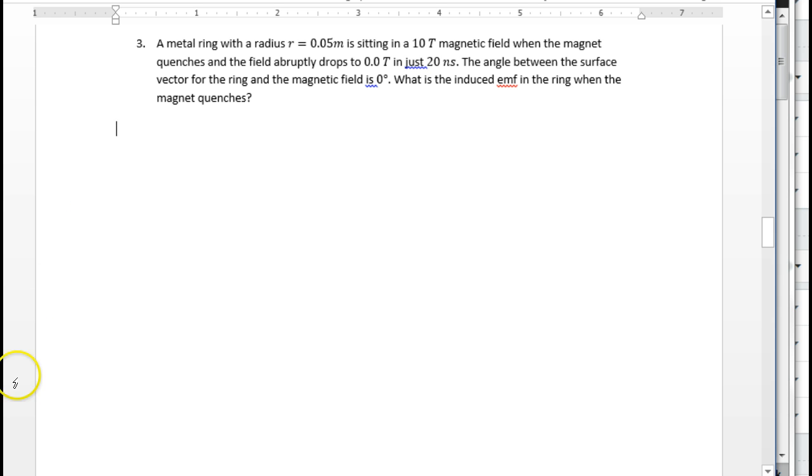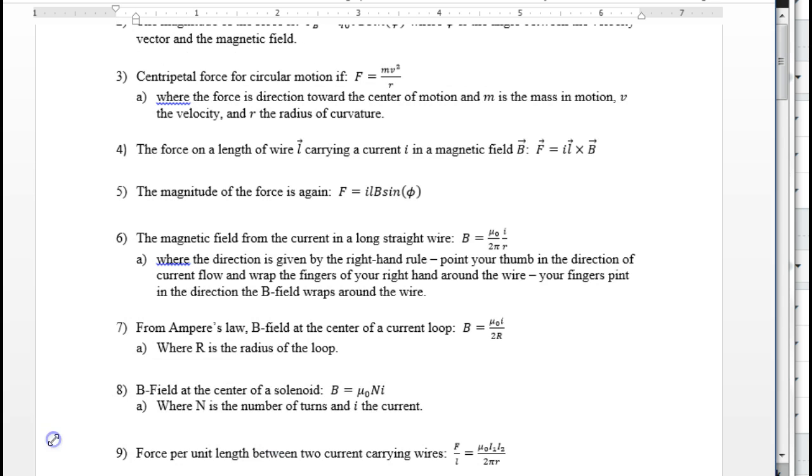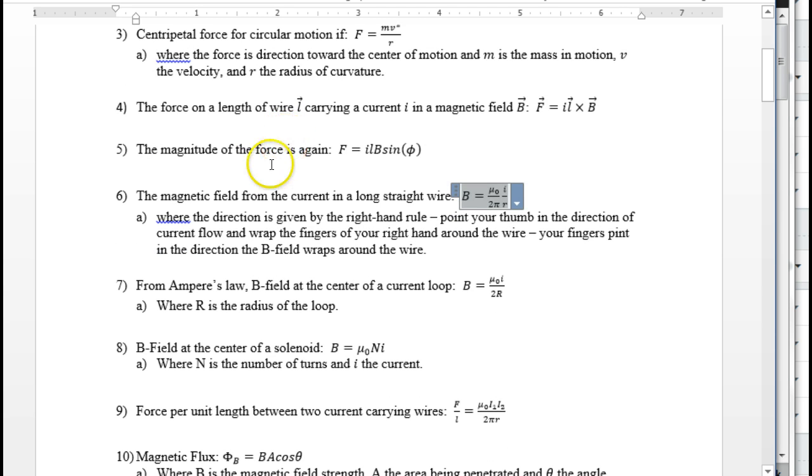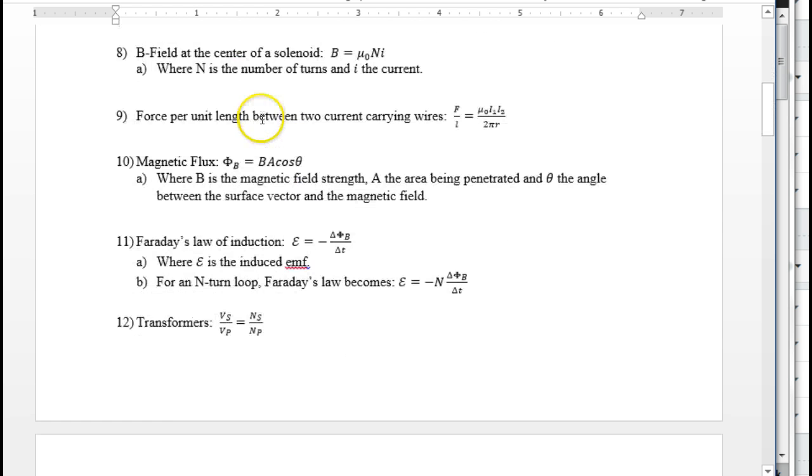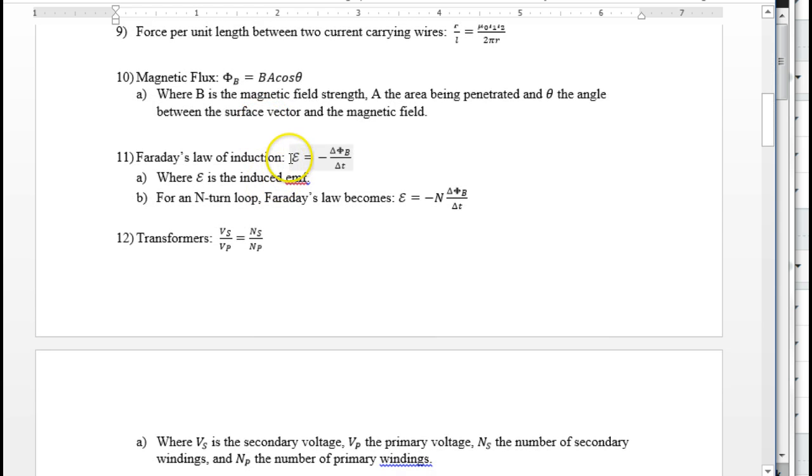Well, if we pop over to our equation sheet, we will find that the induced EMF is minus delta phi B over delta t, and that phi B is the B field times the area times the cosine theta. So let's put it all together.